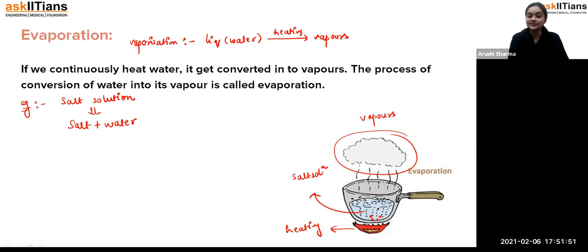But for that, it is very important that among the two components, one component is able to convert into vapors easily. For example, here it is salt and water.